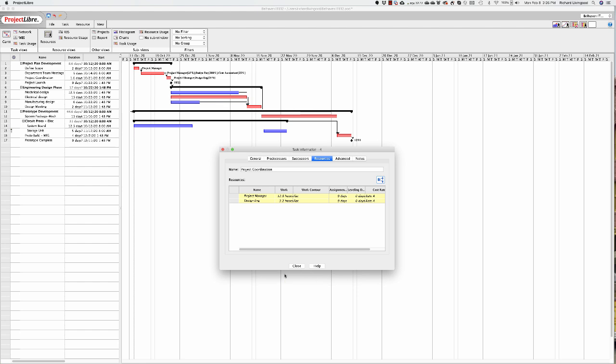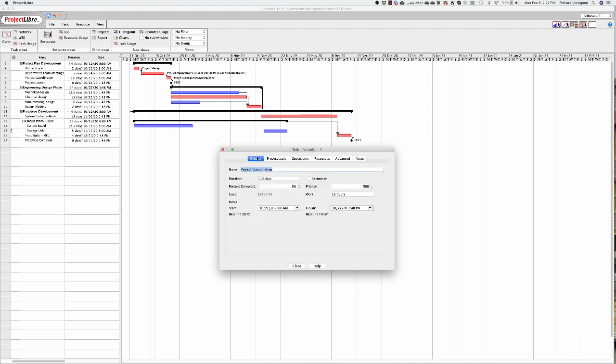The project manager's got 2 days of coordination, but he's meeting with these design engineers, and they're only doing about 20% of their time. Because of that, it shortens it by a few hours, which is great. We just saved some time.